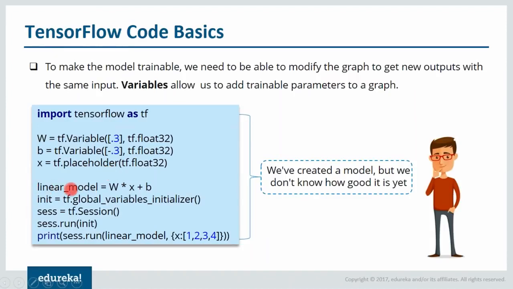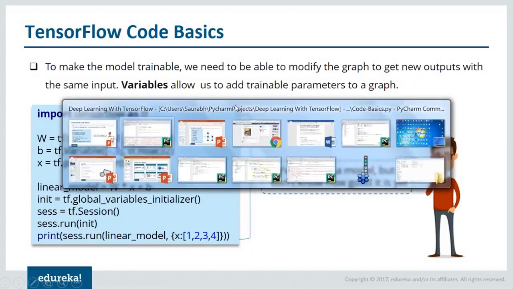Then we create a linear model, an operation in which we multiply W with X, and then add a bias or B value to it. Then we need to initialize all the variables in the TensorFlow program. For that, you must explicitly call a special operation, tf.global_variables_initializer, and then just directly run the session. Now let us go ahead and execute this practically, guys.